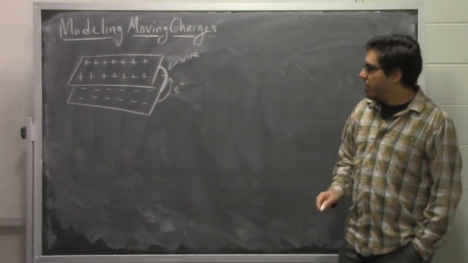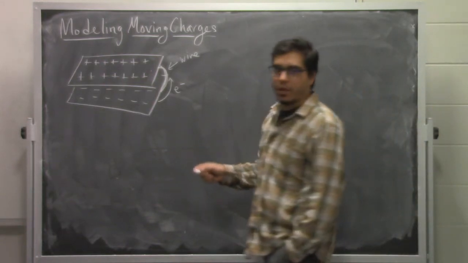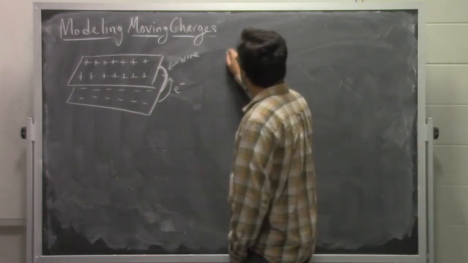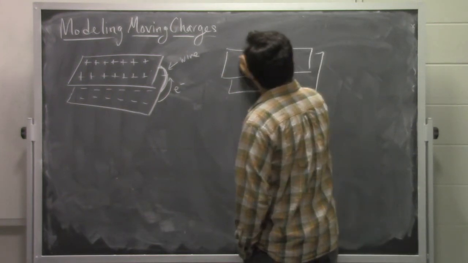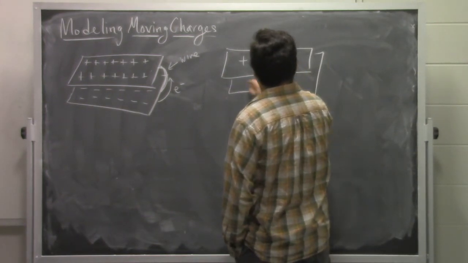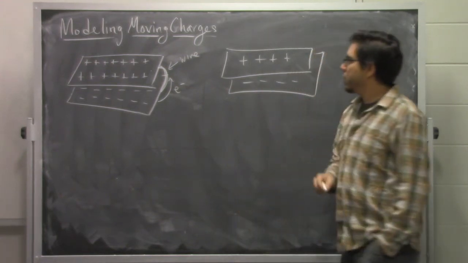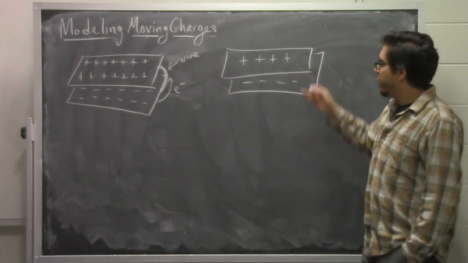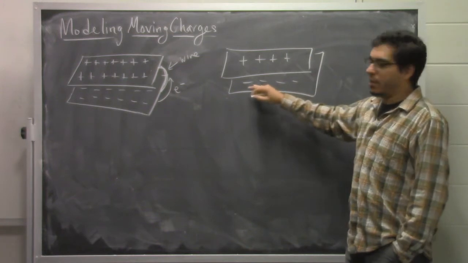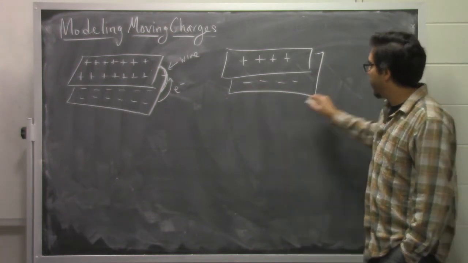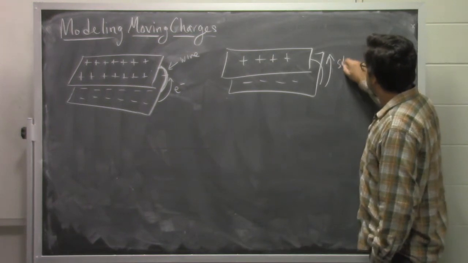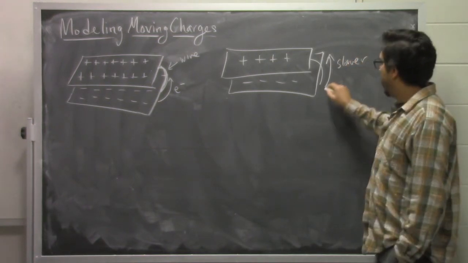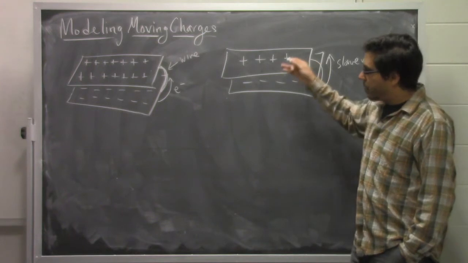And at first, that happens very, very quickly because there's lots and lots of charge. But over time, those little electrons start to neutralize this positively charged plate, and they leave behind positively charged cores on the lower plate. And so as this occurs over time, there's a slower movement of the electrons onto the upper plate.